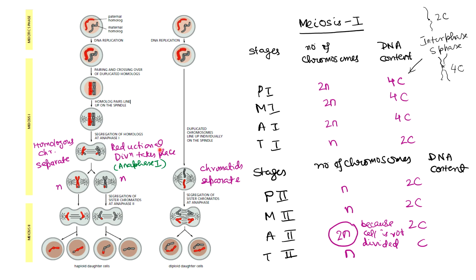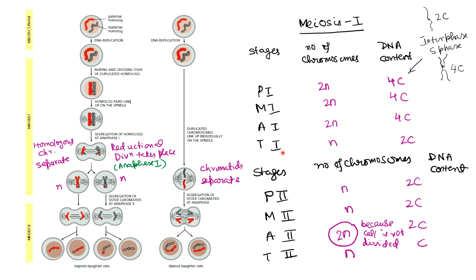Though the reductional division starts here, because cytokinesis has not occurred, the number of chromosomes is the same, because each pair of homologous chromosomes is still in the cell. So both the DNA content and the number of chromosomes remain unchanged.